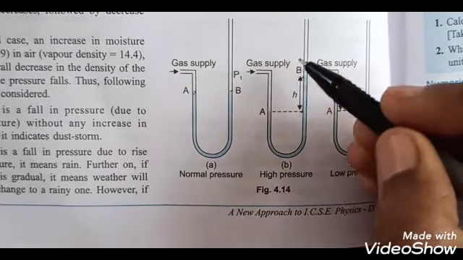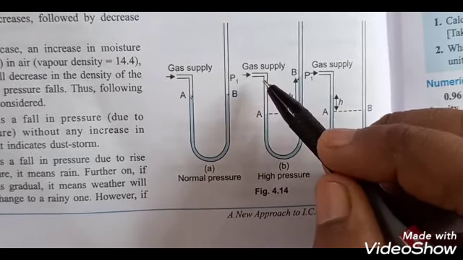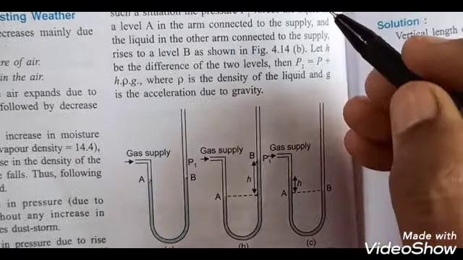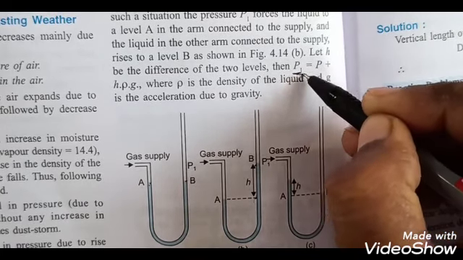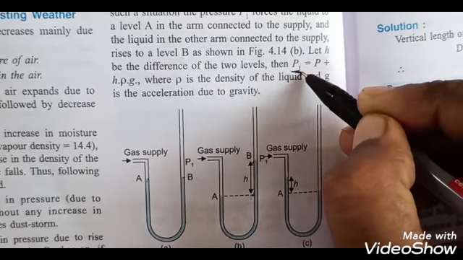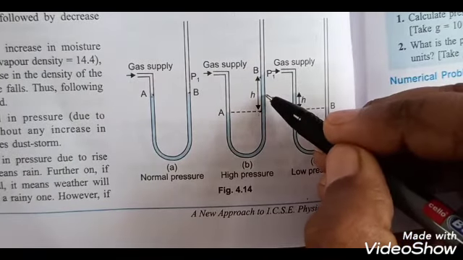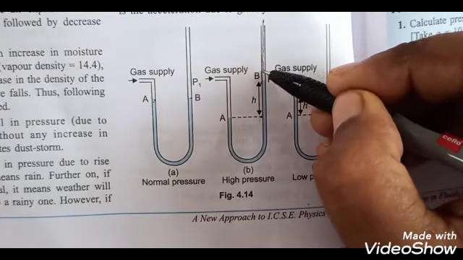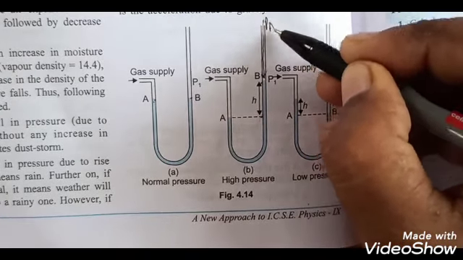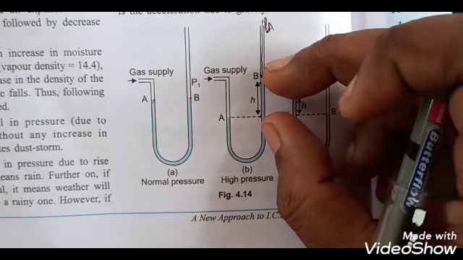Now, what are the pressures acting on limb A? On limb A there is just one pressure, that is the pressure of the gas, P1. But what is the pressure on the right side, limb B? Two pressures are there. Atmospheric pressure is acting on the surface of the liquid, plus the pressure due to H height of the liquid.